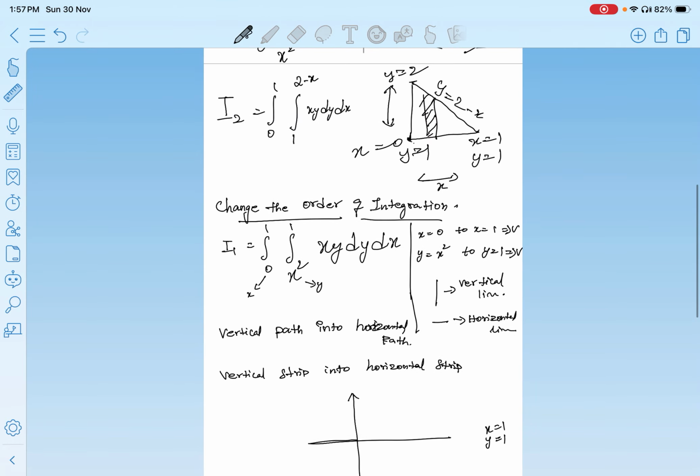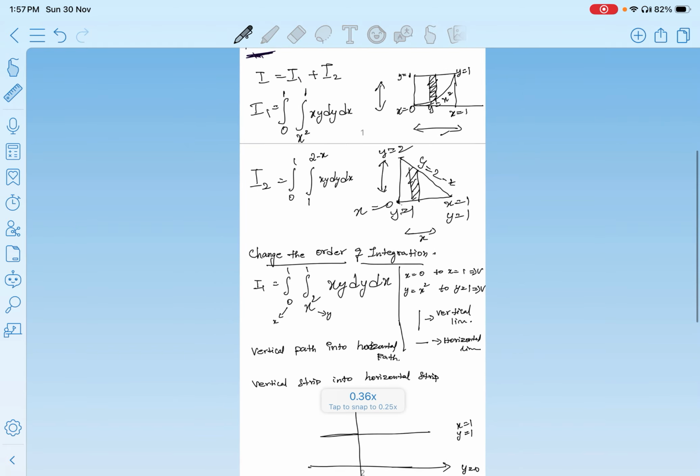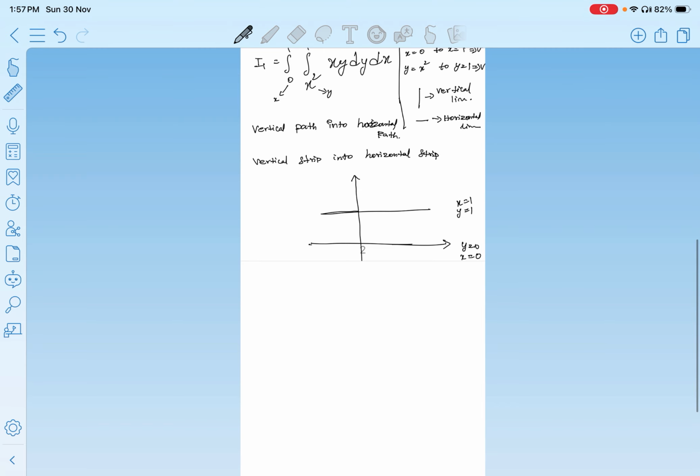So what is the y value? The parabola. I'm going to draw the parabola again. Also here this is your y equal to 1, and this is going to be your y equal to 2.